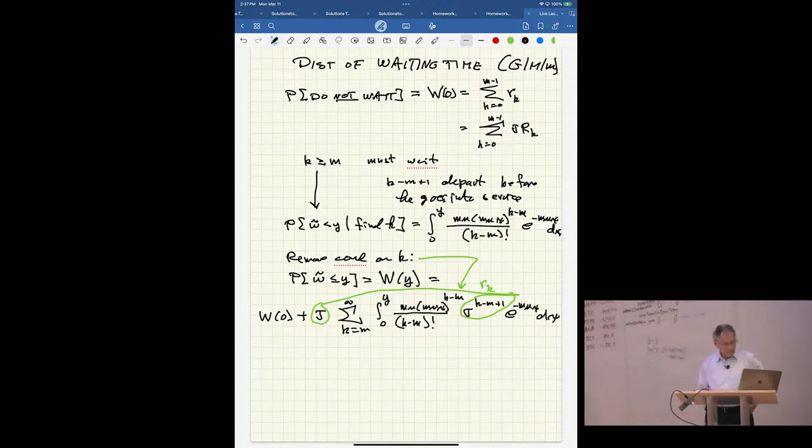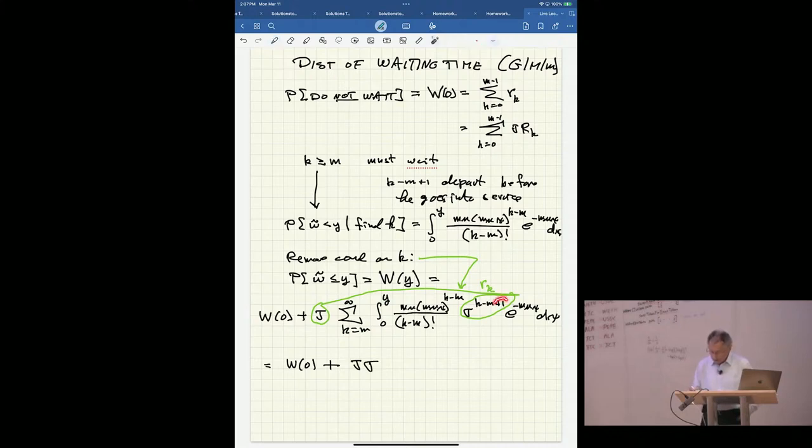Okay, let's do that summation then. So this is equal to W of 0 plus J sigma. I'm going to pull one of the sigmas out, that plus 1 sigma right here.